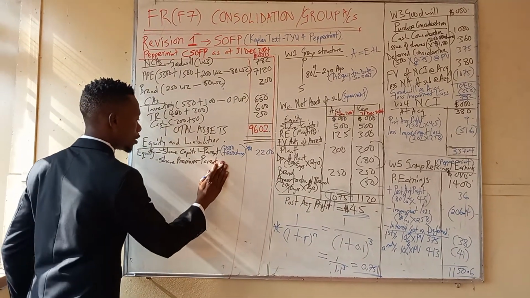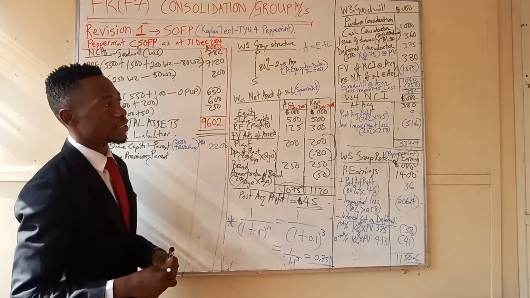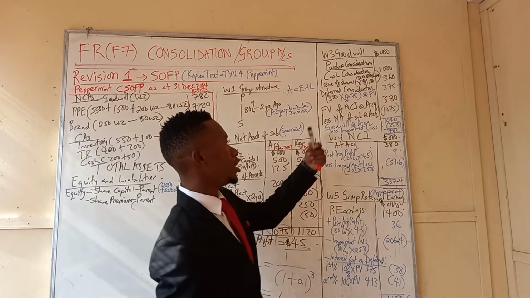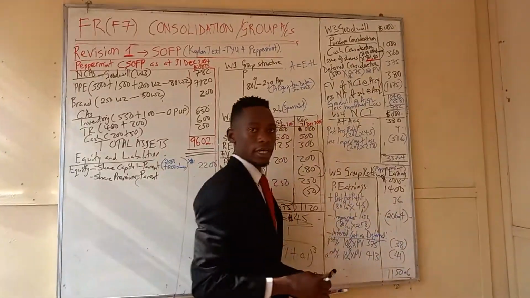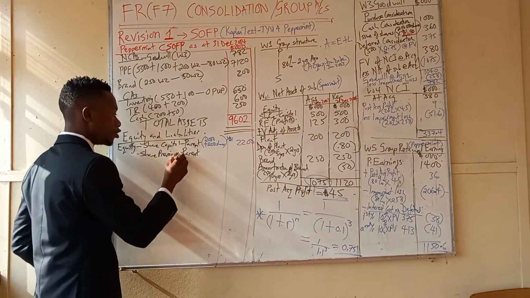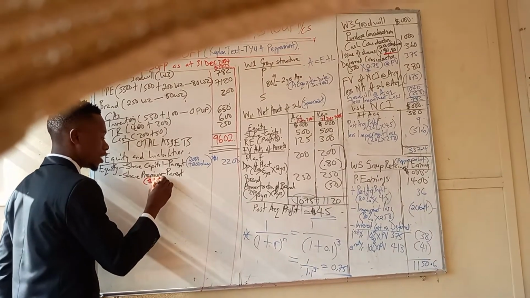Then what about the share premium? Share premium was not given, but there is a gain that was made because the value, when we issued the shares, it had a value of $80, right? So the nominal value is dollar, and the shares were issued at $80.